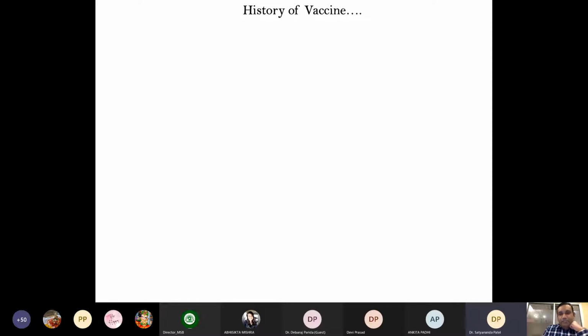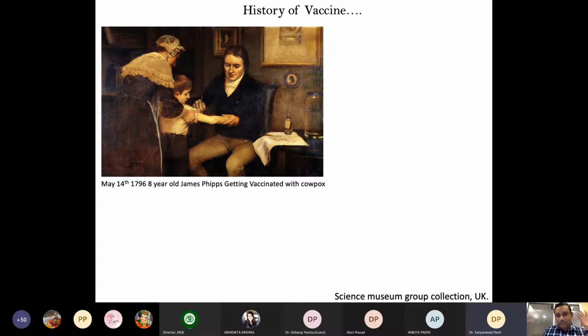Just to give you a brief history of the vaccine, I will take you back to when the work started and how the word vaccine was developed. As most of you might know, Edward Jenner is known as the father of the vaccine. Here he is immunizing an 8-year-old boy with cowpox.